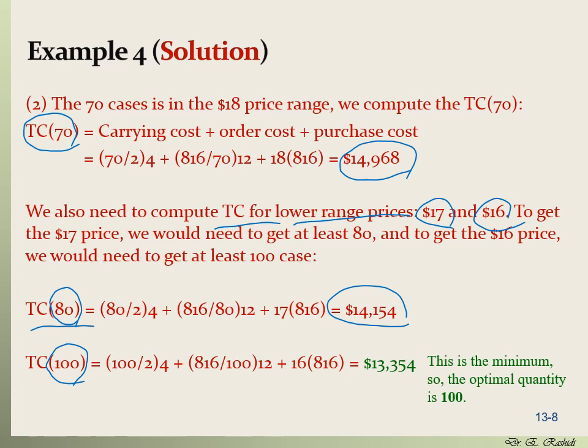So we computed the total cost when you order 100, and that was $13,354, which, between these three, is the minimum cost. So this means that 100 would be our optimal quantity to order, which would minimize our total cost.